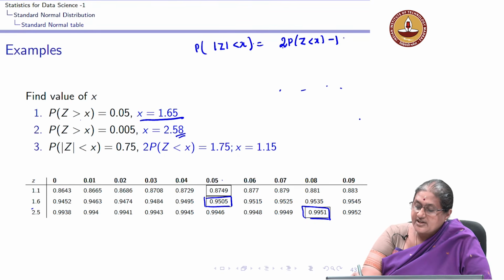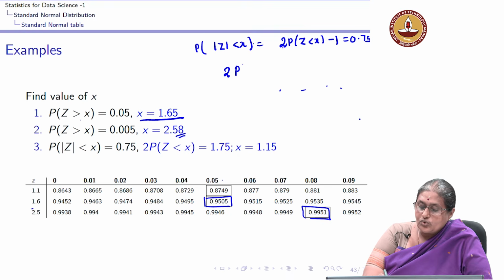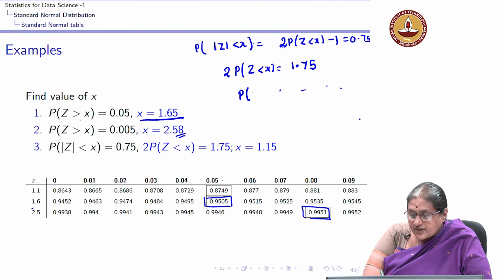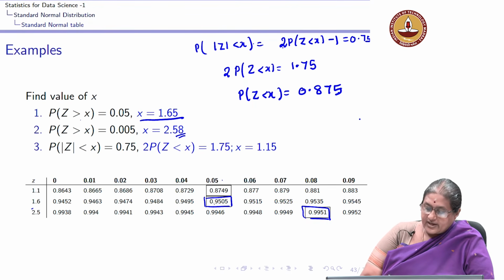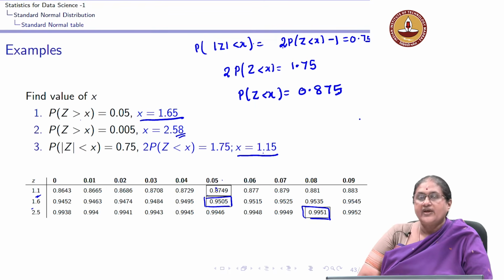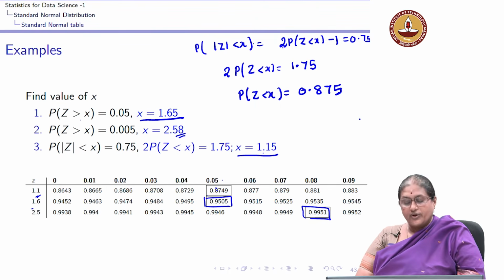We have been given that this is equal to 0.75, which will give me 2 times probability z is less than x is equal to 1.75, which will further give me probability z is less than x is going to be 0.875. Now, if I look at 0.875, I can see that it appears at 1.15, so x equals 1.15.